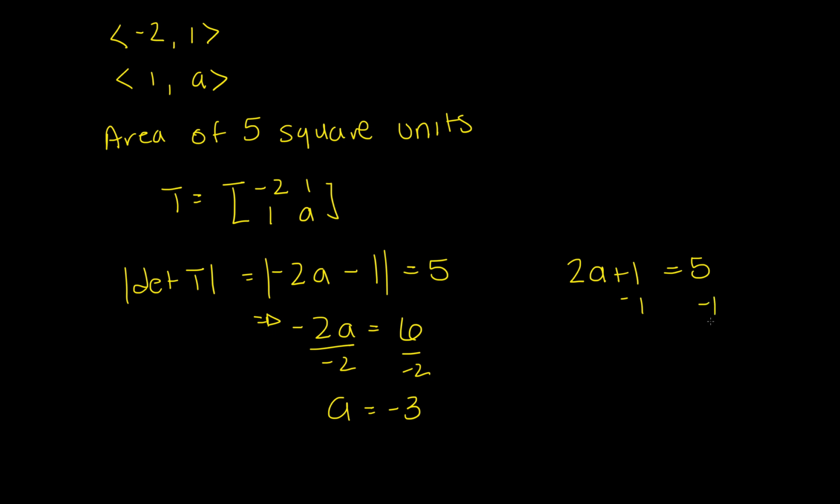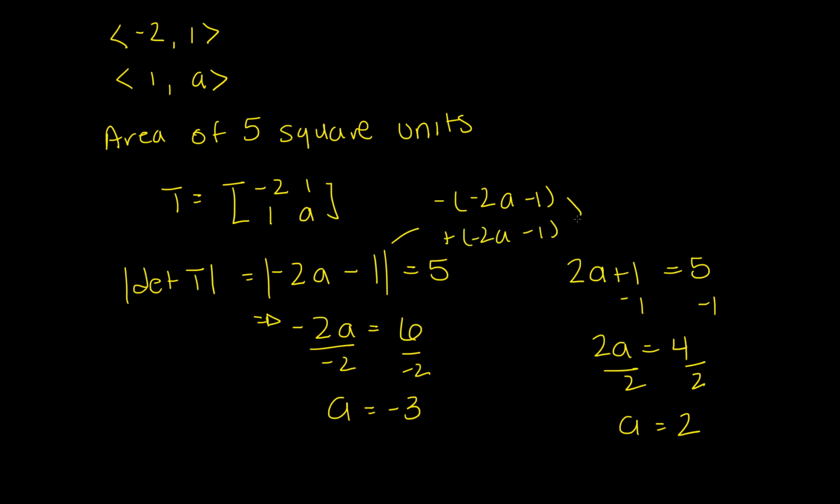So subtract 1 from each side: 2a equals 4, so a equals 2. So the two possible solutions are a equals -3 and a equals 2. And again, the way I got the second one is because this is an absolute value. You're going to do -2a minus 1 equal to 5, and then positive 2a plus 1 equal to 5, to find the two solutions for this.